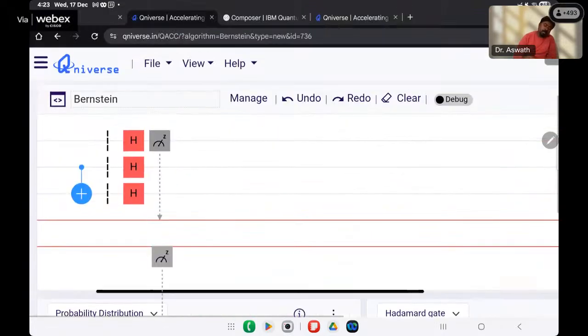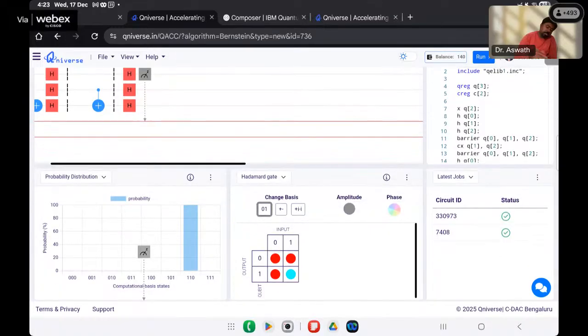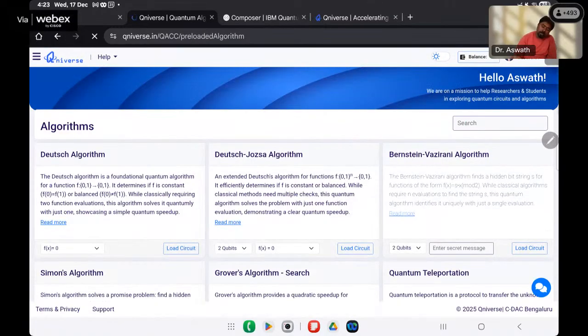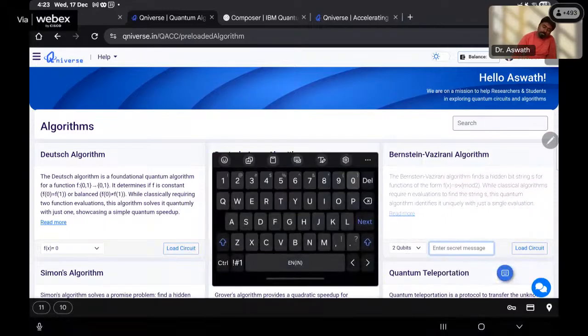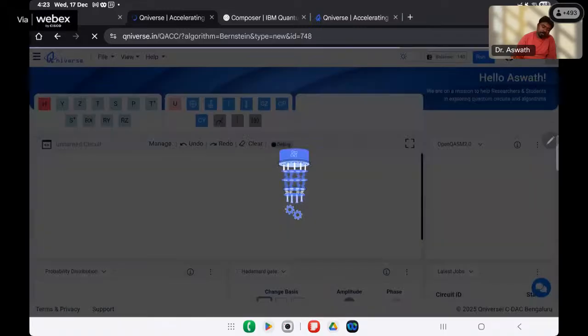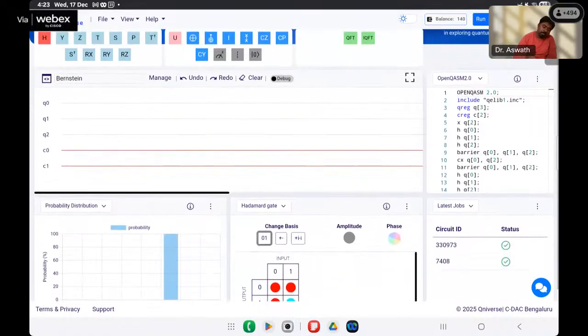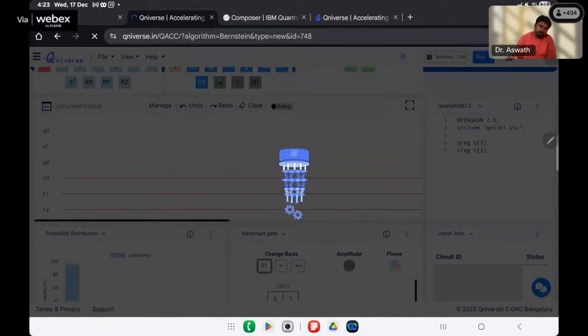Fine. Now let's say I want the quantum algorithm with 0 1. Earlier I had 1 0, right? Now let's say 0 1. Load the circuit. It's stuck somewhere. Maybe let me refresh.